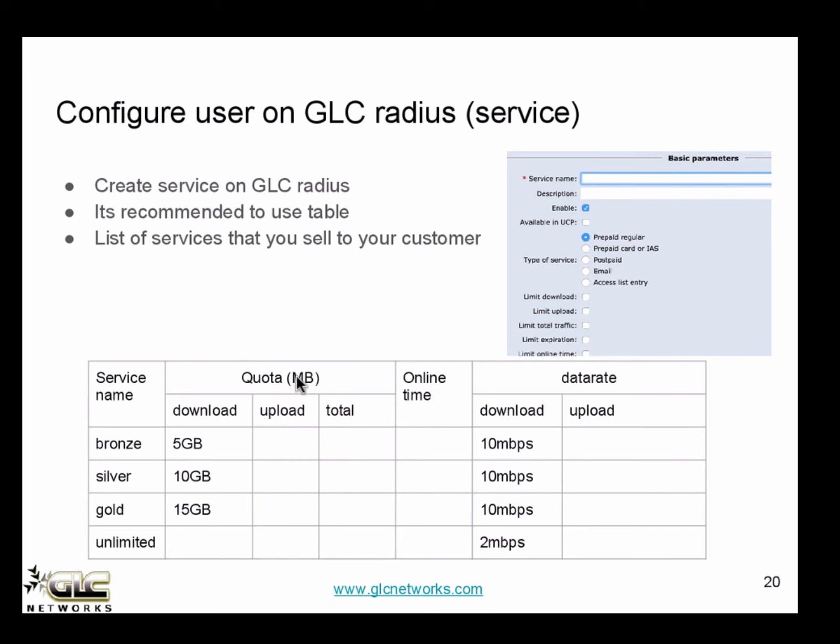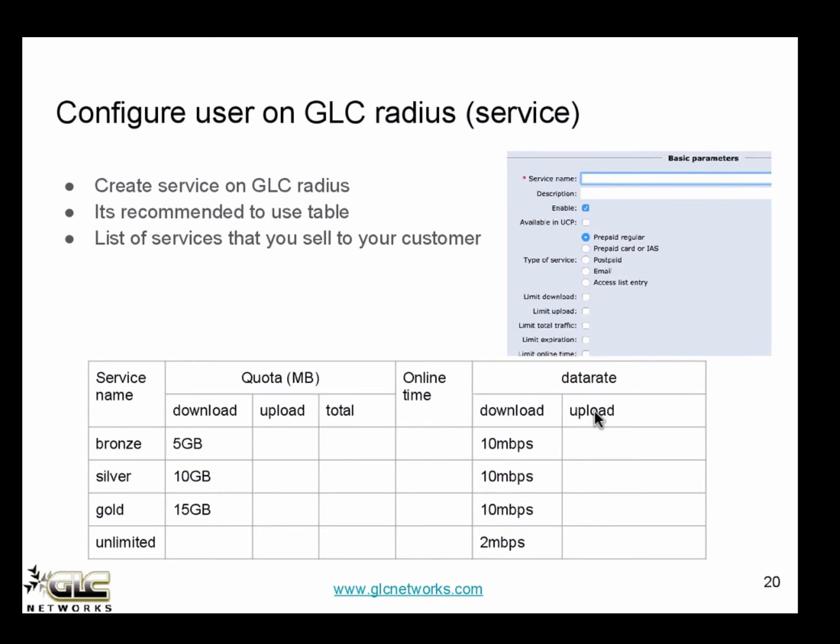So a limitation can be a quota: download quota, upload quota, or total. Then we can limit based on online time. For example, when you buy $1, it can last for 1 day only, 1 day of usage.